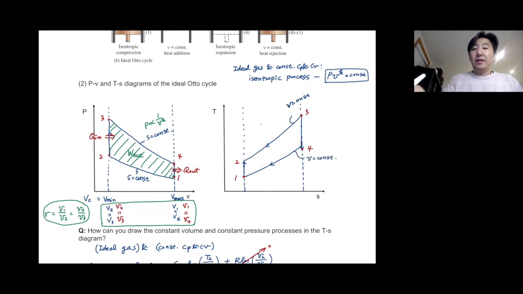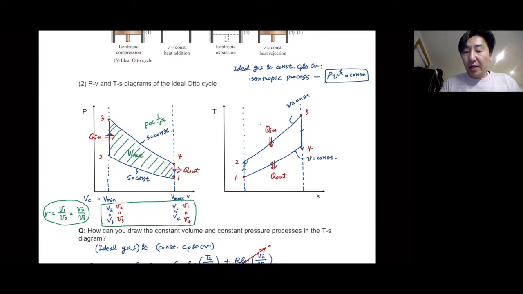Okay. Then we have heat. Oh, sorry, that is not this way. Let me just draw it again. So that is here. Now it moves here and here and here. And then we have heat input and heat rejection.